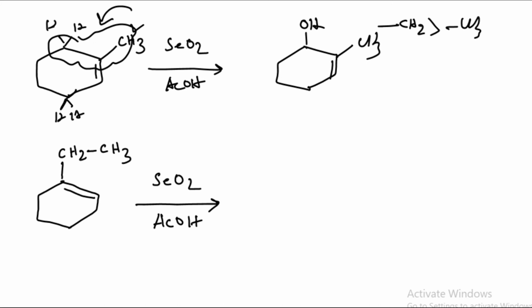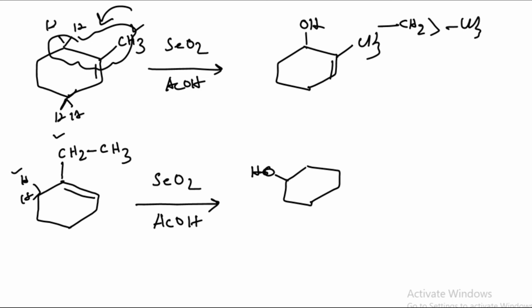Now again, here is a confusing part: you can first conclude that the reaction will be carried out either at this site or at this site, because this is the more substituted part. But where? Because in both cases there is CH2. Now here is a rule you can keep in mind: the hydroxylation will always be favored in the ring, not in the side chain.